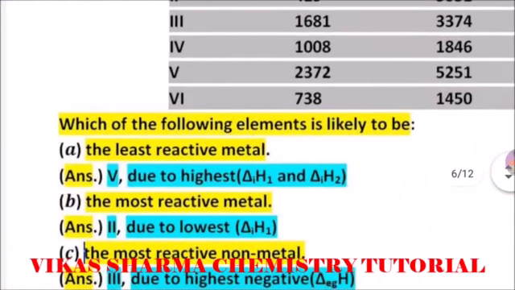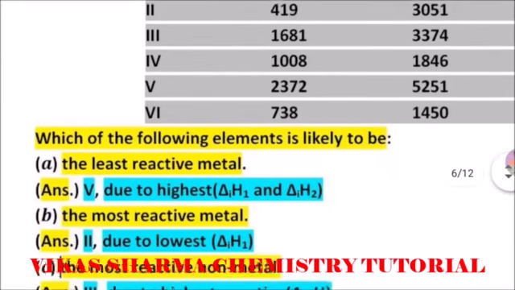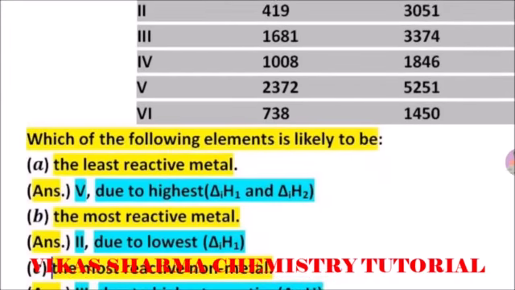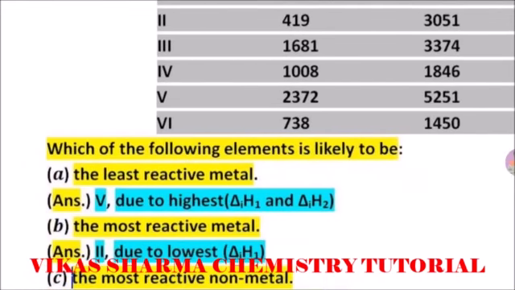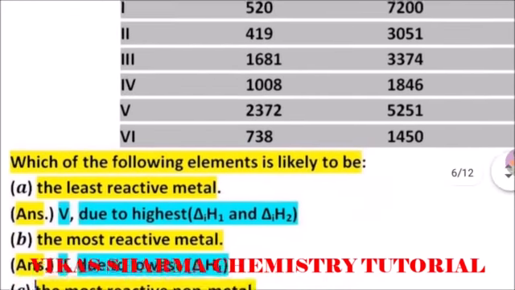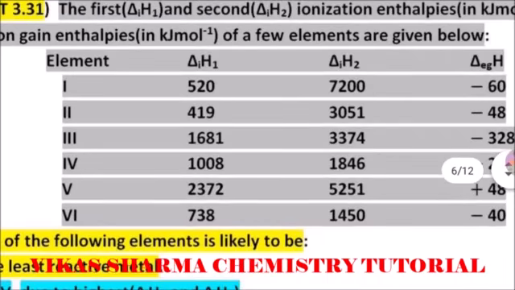Which of the following elements is likely to be the least reactive metal? The answer is the fifth, due to the highest delta IH1 and delta IH2. The fifth element is the least reactive metal, as you have seen in the table.